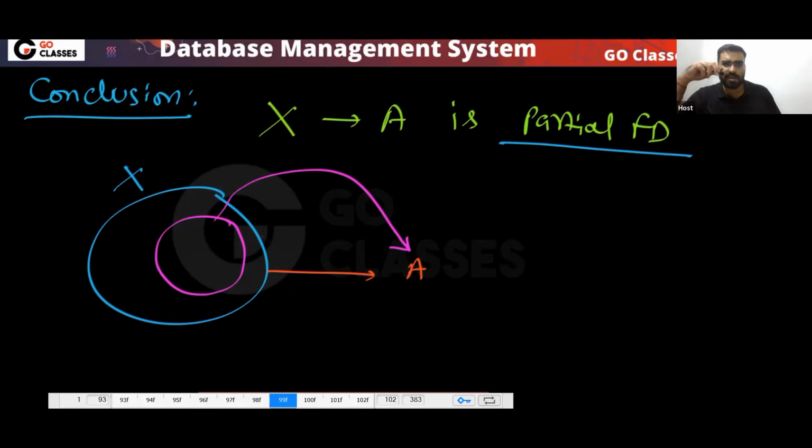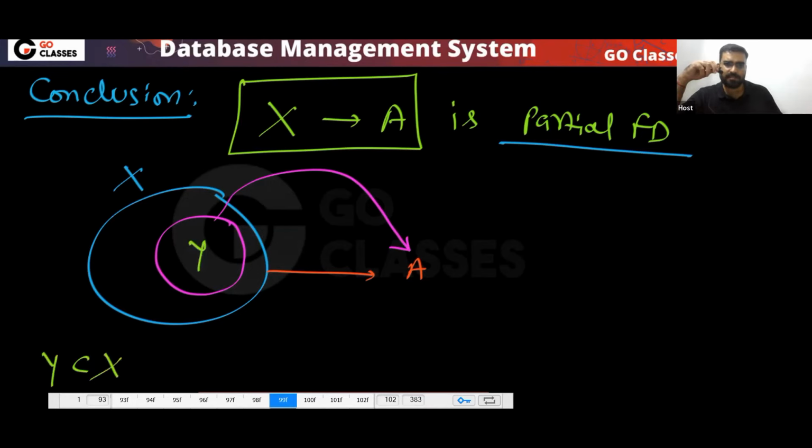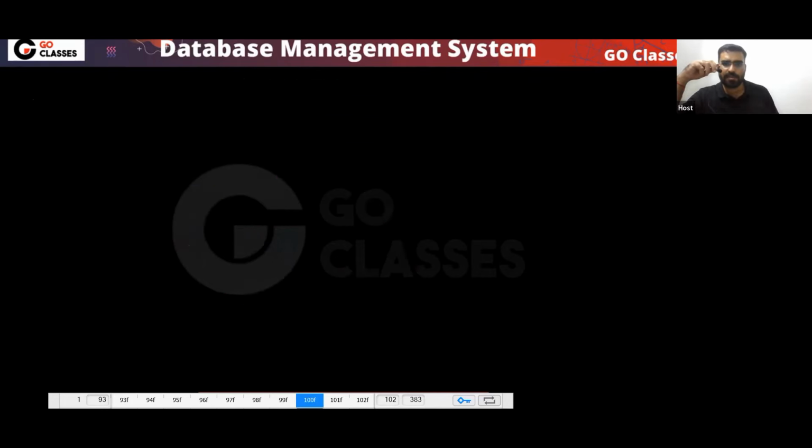In this situation, X determining A is a partial FD, where Y is a proper subset of X. So this is the definition of partial functional dependency.